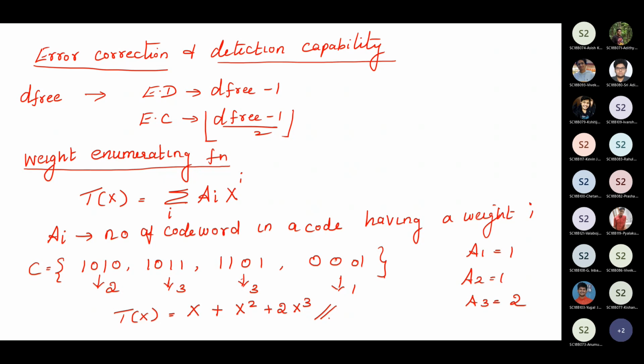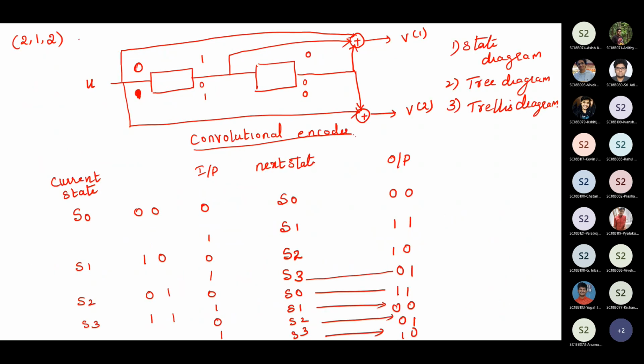In this way we define the weight enumerating function of your code. So for convolutional code, how to find this weight enumerating function? This weight enumerating function can be defined using the Mason gain formula.